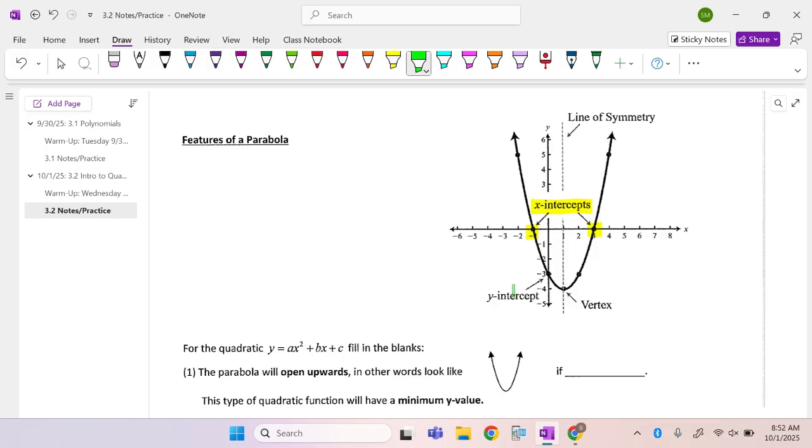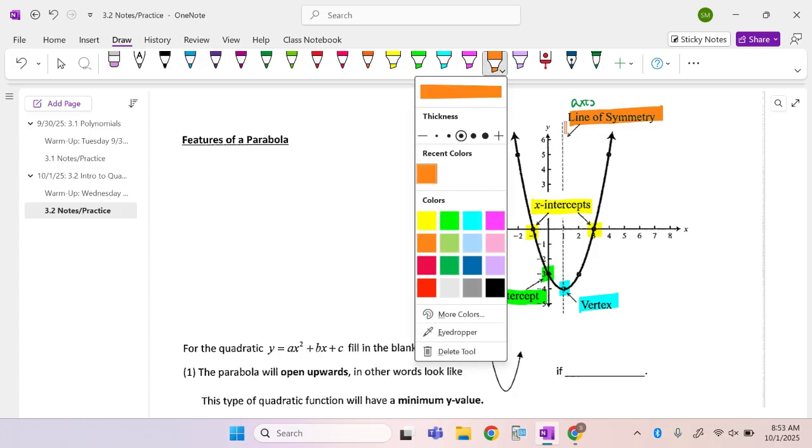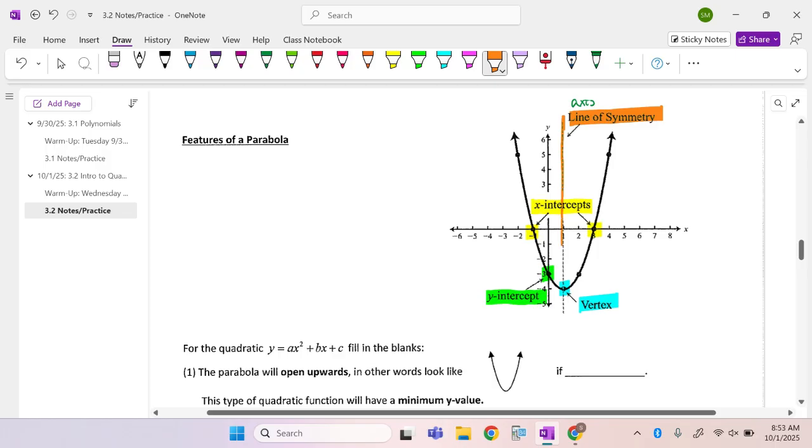You have your y-intercept, where it crosses the y-axis. We have our vertex, so it's the turning point. And we have our line of symmetry, which again in this class we call the axis of symmetry. And it is where it cuts our graph in half, so right here.